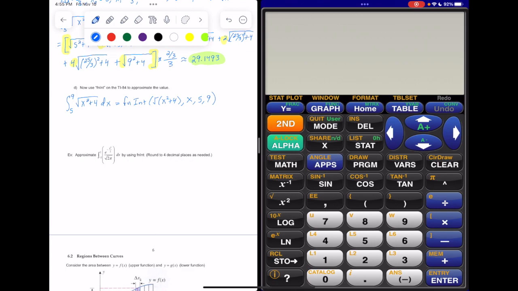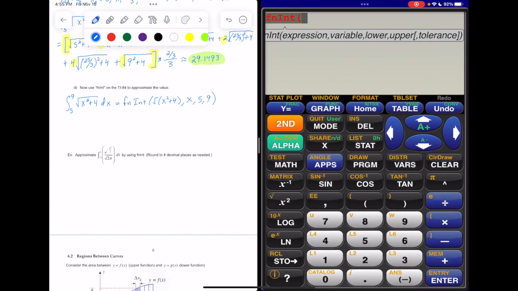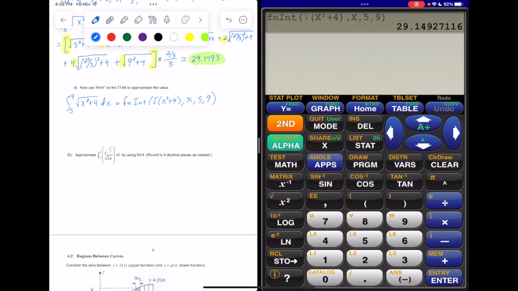So we want to go into the math menu below the alpha key, stay in the math column, go down to number 9, fnInt, and then type our function. So that is the square root of x squared plus 4, and the parenthesis on the square root, comma, our variable, comma, lower limit, comma, upper limit, end parentheses, and enter for a whole bunch of digits that are completely accurate.